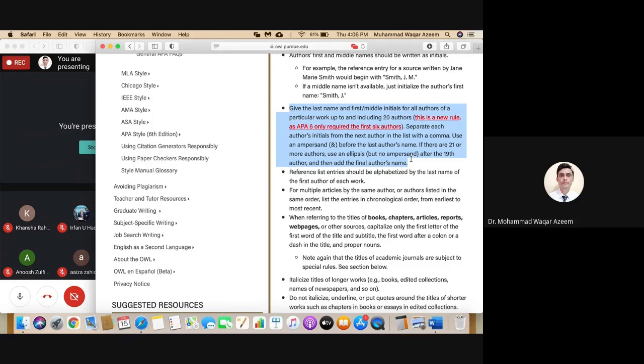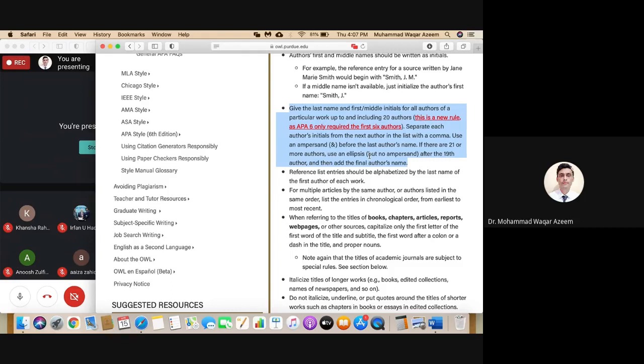But up to 20, yes, here is one important thing. If you, for example, have 3 authors for one particular entry, you will put the name of the first author in reverse order. The last name comes first. The initials of the first name come after, with a period at their end.